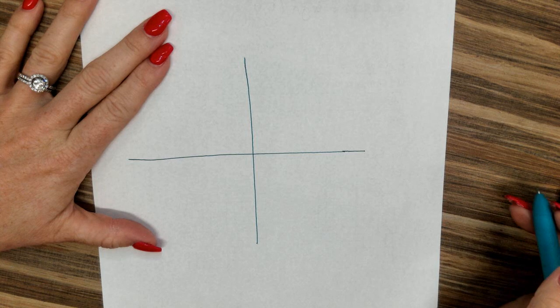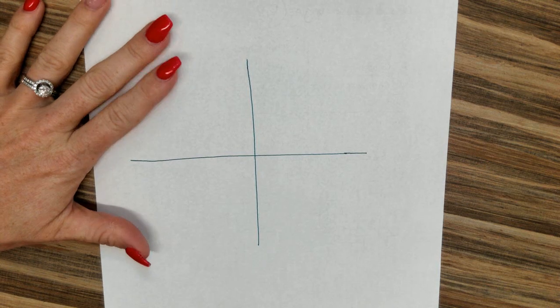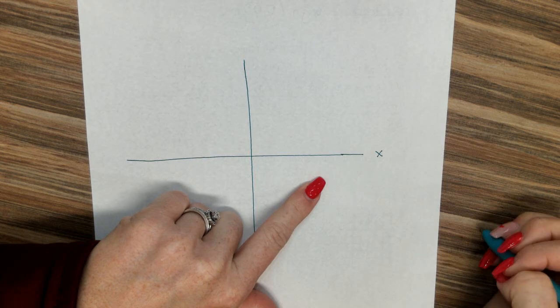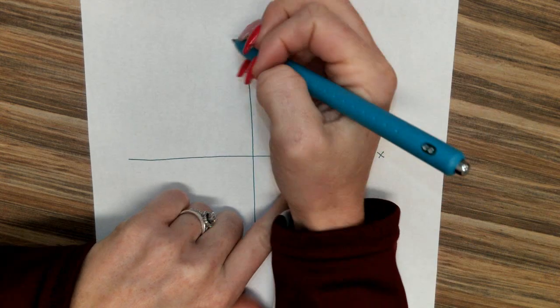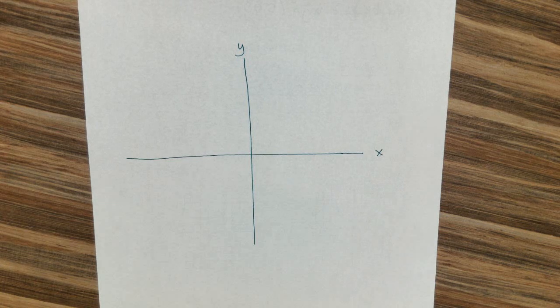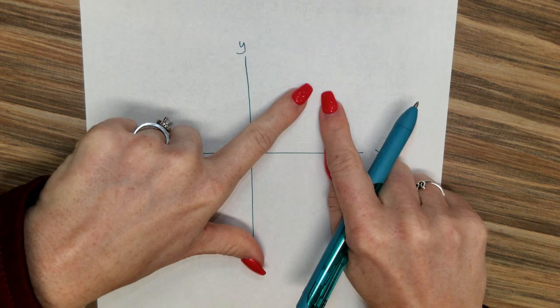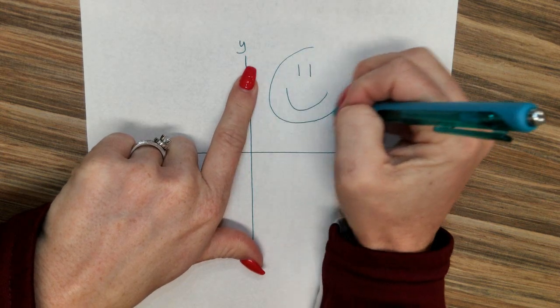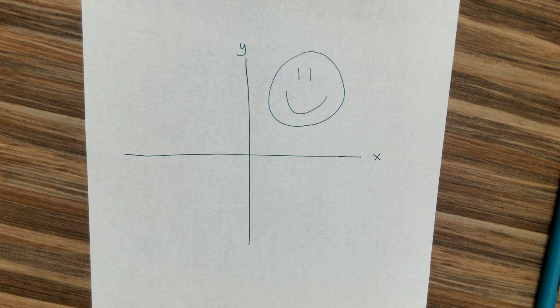You are going to label the x and y-axis, but here's the catch. You must label the x-axis on the right and the y-axis up top. And then you're just going to draw a happy face in quadrant 1, this quadrant. That's why I call it happy face man.